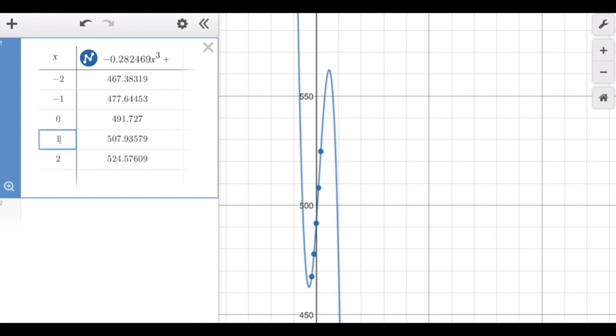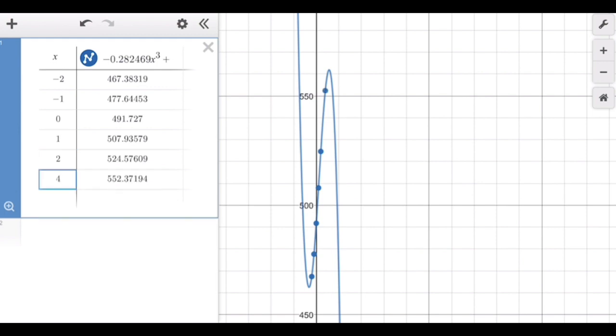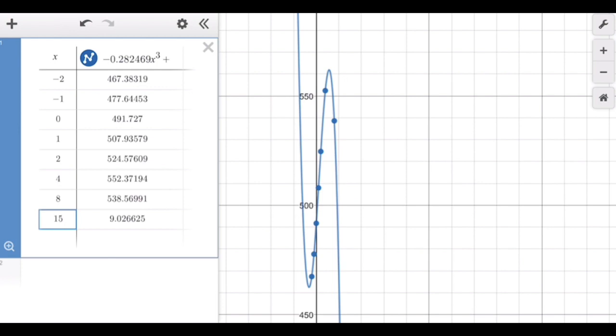So we could say it's approximately $507.9 thousand. When I look at f of 4, we have 552.3 thousand. F of 8, based on the years, is 538.5 thousand. And then 15 years is 9.02 or 89,000.